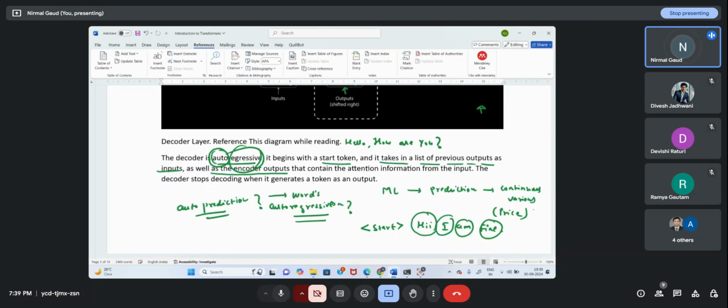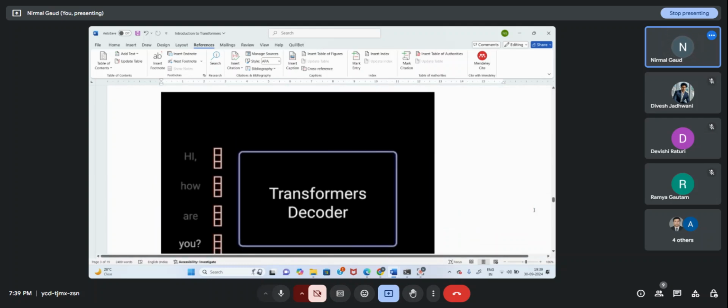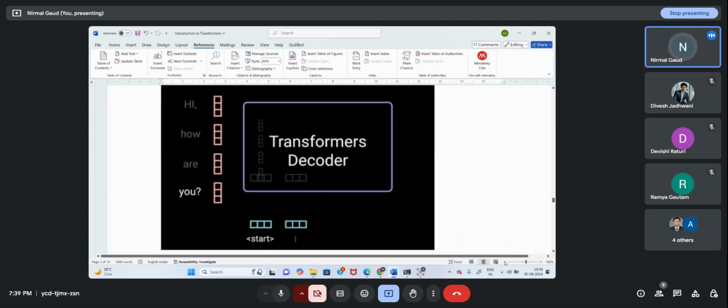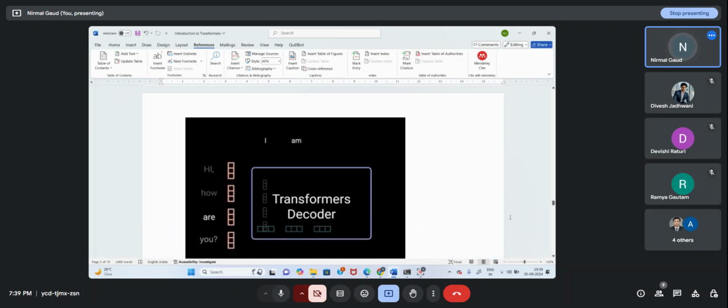The encoder already has attention information, that I also told you. The decoder stops decoding when it generates an end token as an output. Can you please help us understand diagrammatically how things are going on?